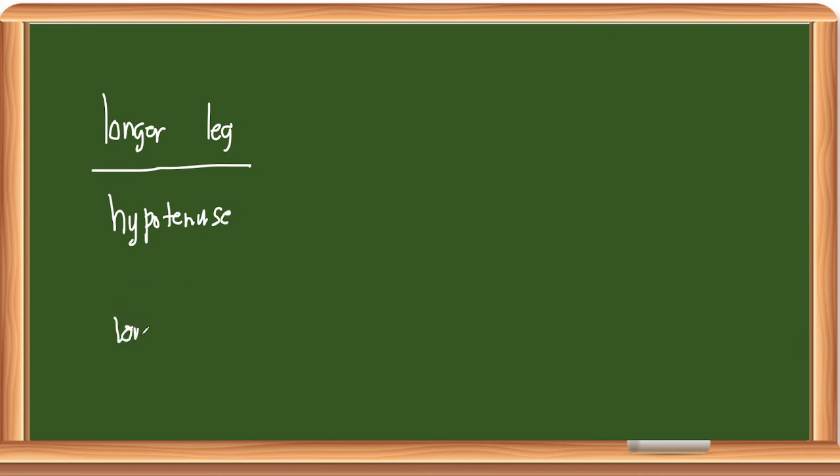Get the ratio, no, of the longer leg over the hypotenuse. Ayan ang hahanapin nating ratio ngayon, no? Nung dalawang triangle, so meron din ditong longer leg at over hypotenuse din.